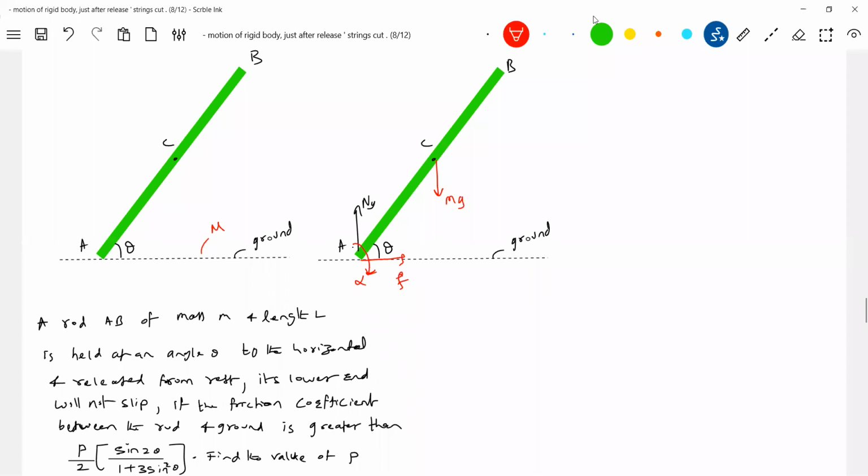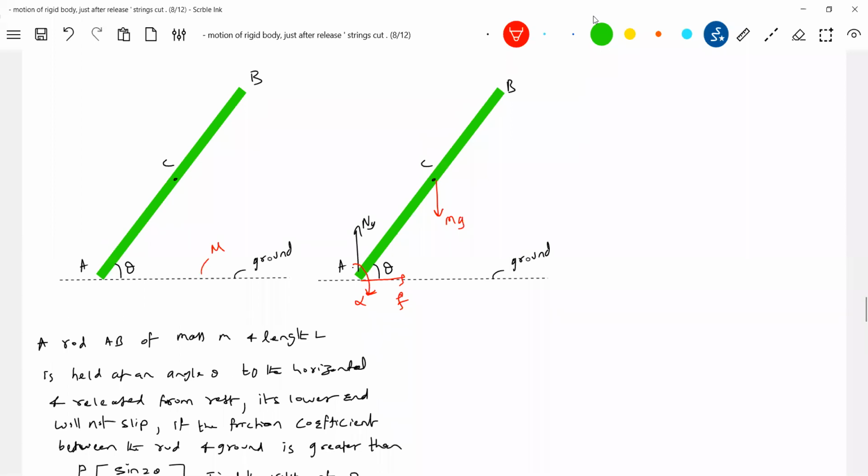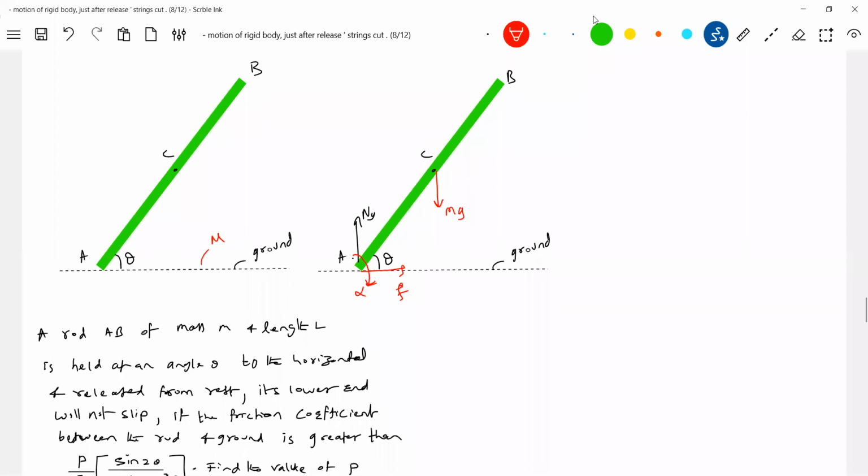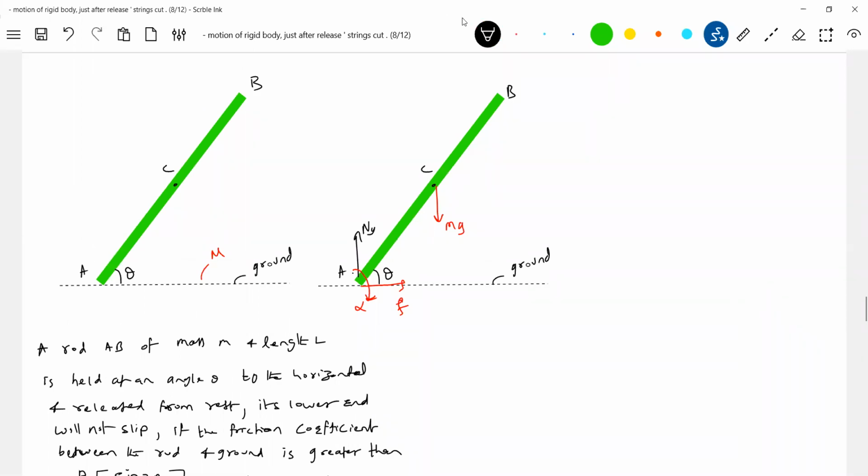Now what is the type of motion it will describe? Only rotatory, or both rotatory as well as translatory? Only rotatory, it's a fixed axis rotation. The rod describes fixed axis rotation. So I'll write it nearby.